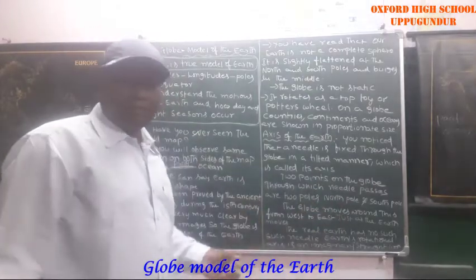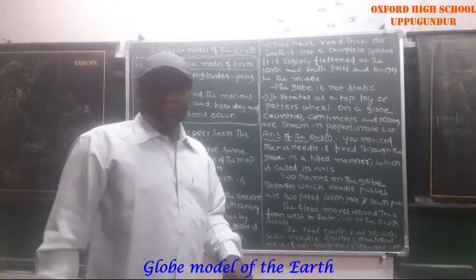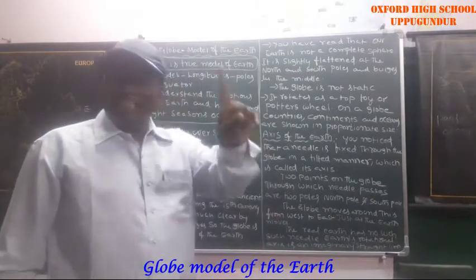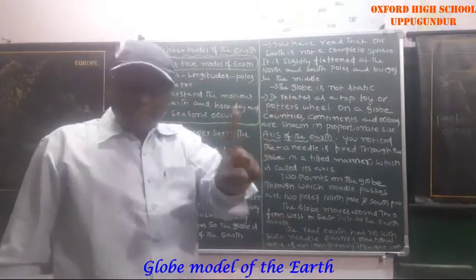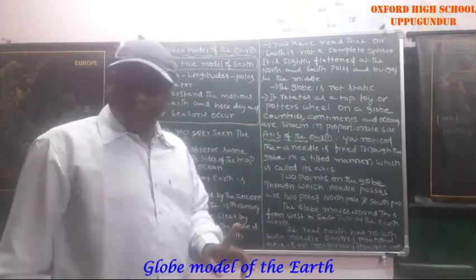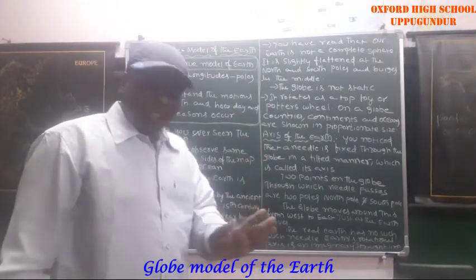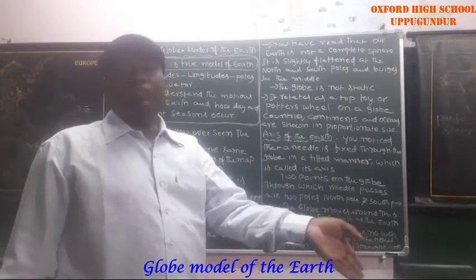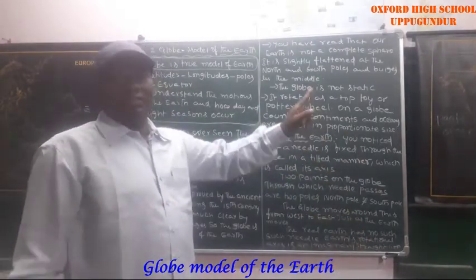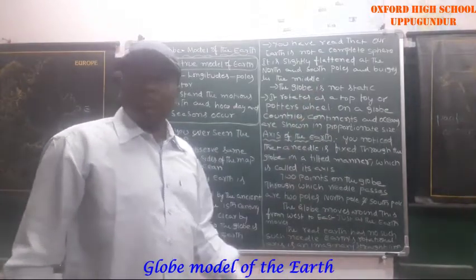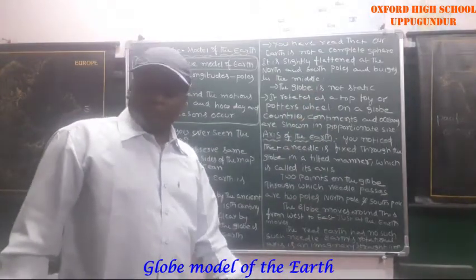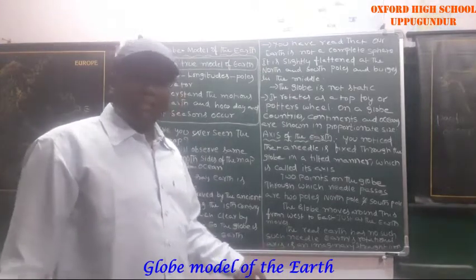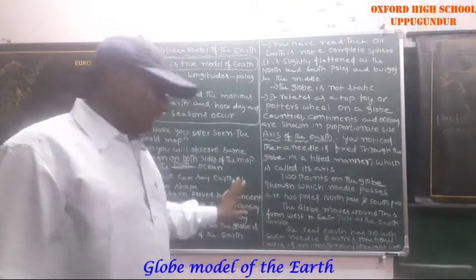Like that they felt. But afterwards they realized the earth is not in flat shape. The earth is in round shape. That's why somebody traveled towards the east, somebody towards the west, somebody towards the north, somebody towards the south. In such a way navigators started their journeys.